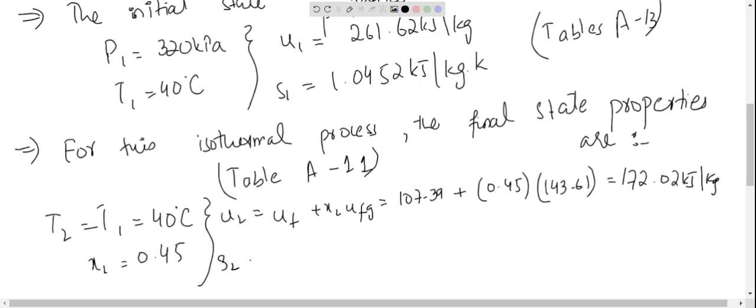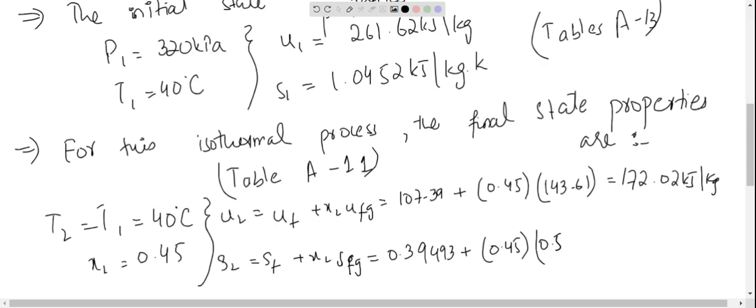While S2 is equal to SF plus X2 SFG. So this equals 0.39493 plus 0.45, that is X2, and SFG, that is 0.52059.